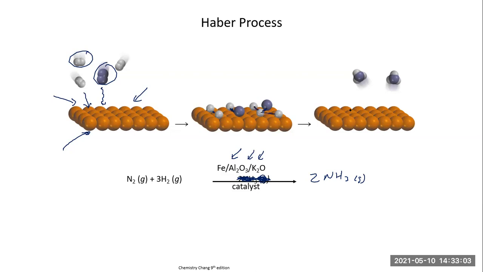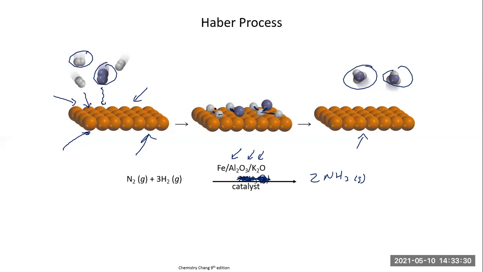It's like a little area where they can all come together efficiently and form our products on the back end, and they can release. You can see that the catalyst here is really unchanged in this reaction. It's there to facilitate this reaction happening a lot more efficiently than it would normally.